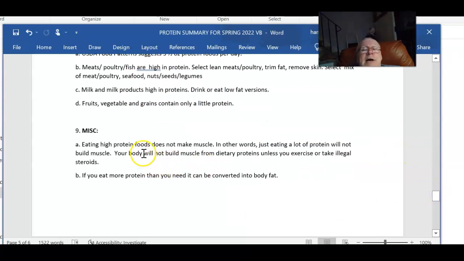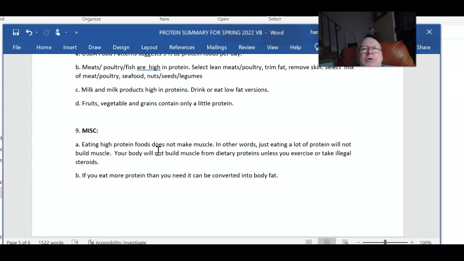And the miscellaneous thing I have down here is this. A lot of people think that if you eat protein, you will build muscle, because proteins are made of amino acids, and your body needs those amino acids to make actin and myosin, the proteins that are in your muscles, in your biceps and your triceps.